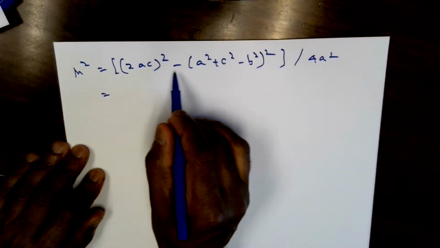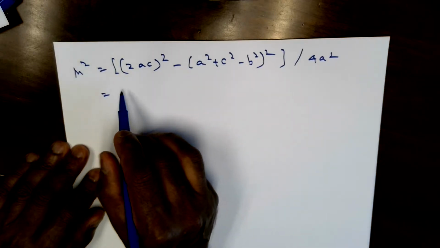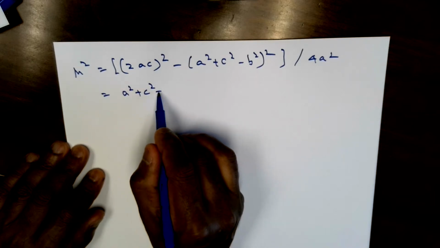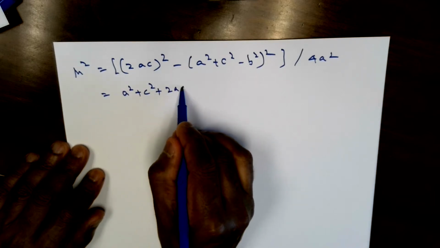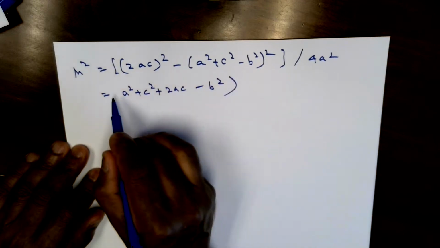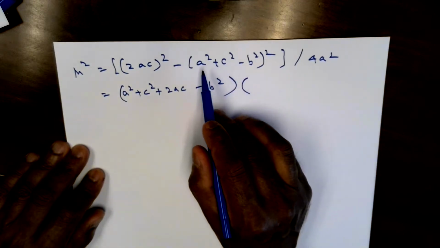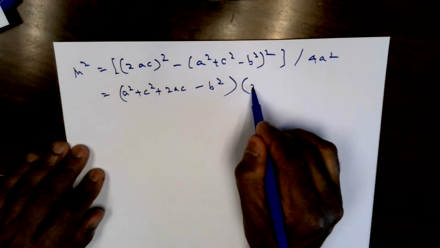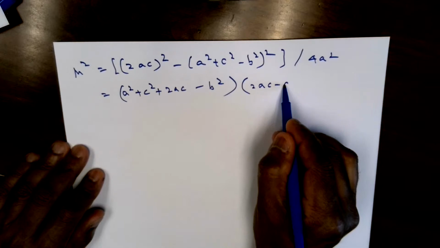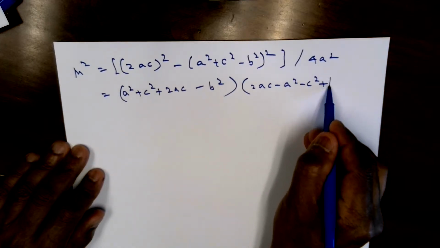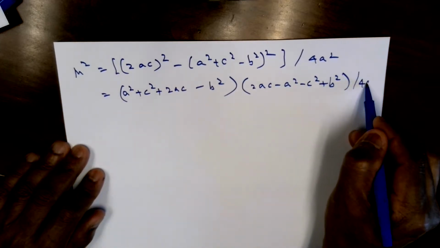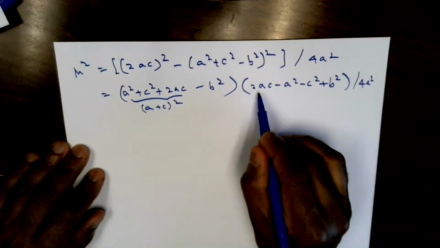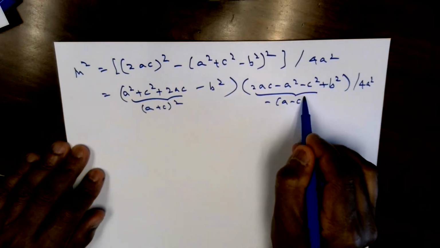Notice the numerator is a difference of two squares, so that's a squared plus c squared plus 2ac minus b squared, multiplied by this minus this. So that's 2ac minus a squared minus c squared plus b squared, divided by 4a squared. But notice that this is a plus c the whole squared, and this is minus a minus c the whole squared.